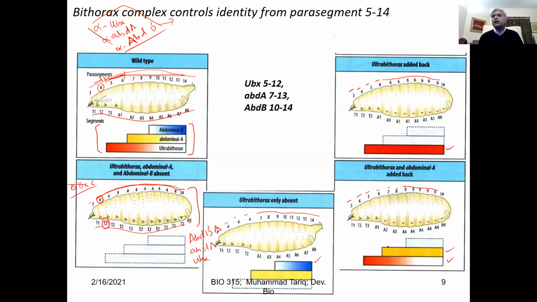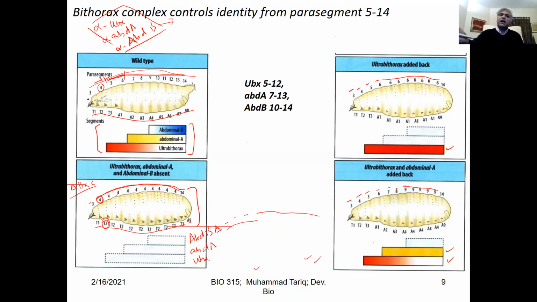So the domains of ABDB and ABDA expression have maintained identity of abdominal segments of their own domains, but the domain of UBX is taken up by parasegment 4.